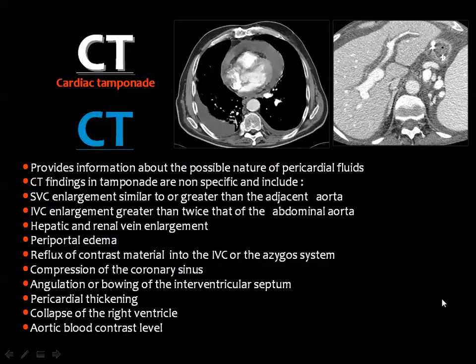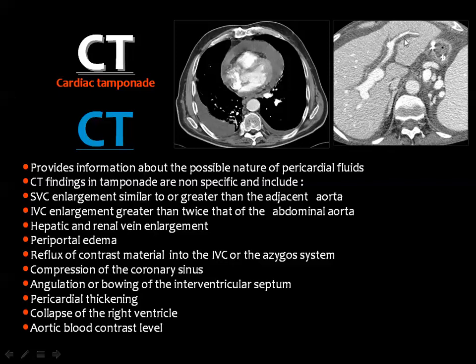And the CT scan can also show some signs that are helpful to diagnose cardiac tamponade, including information about the pericardial fluid, whether it is blood or pus or just transudate. Then CT findings are non-specific but include, number one, distension of the superior vena cava and inferior vena cava, distension of the hepatic and renal veins, periportal edema, and you see these hypodensities around the portal branches.